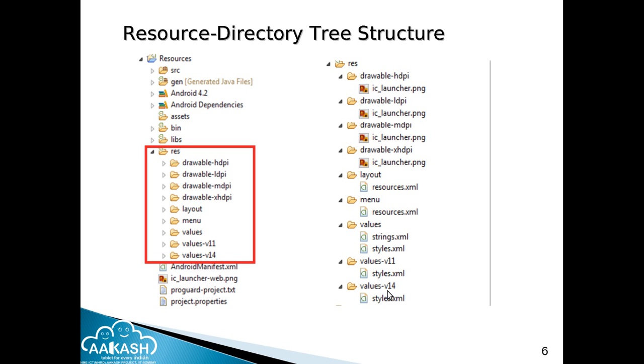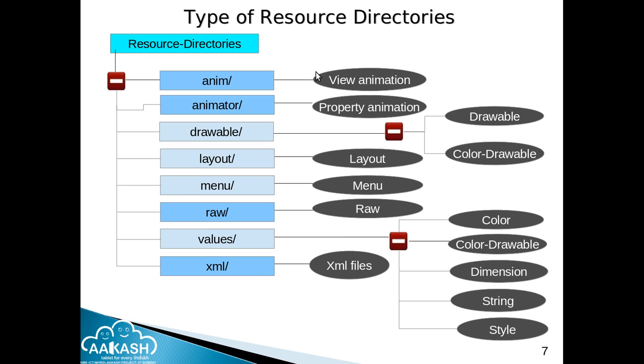Now resource directory tree and resource directories. Different types of resource directories that are possible in Android are: anim is used to store view animation. Animator is used to store property animation. Drawable is used to store drawable or color drawable resources. Layout is used to store layout resources.